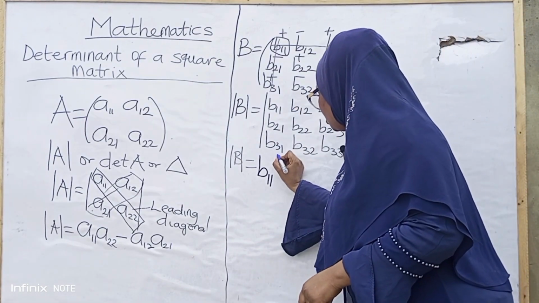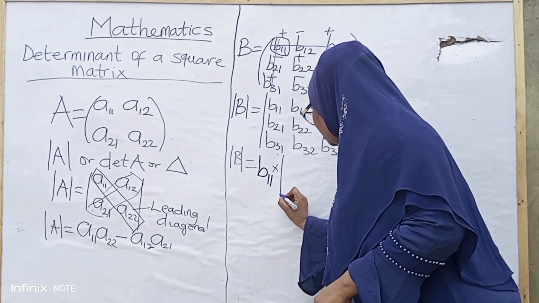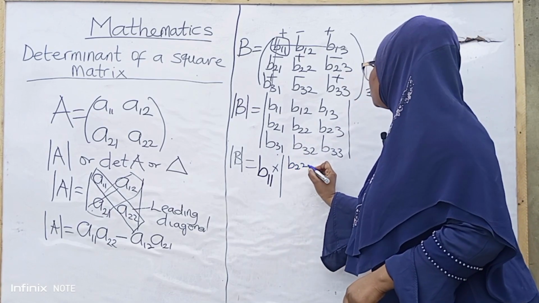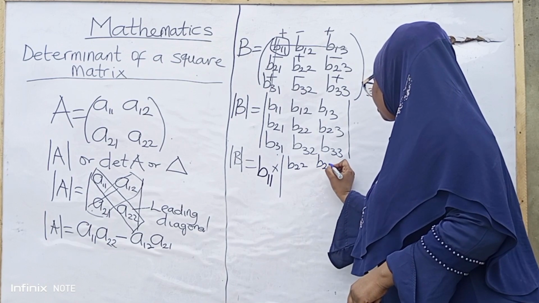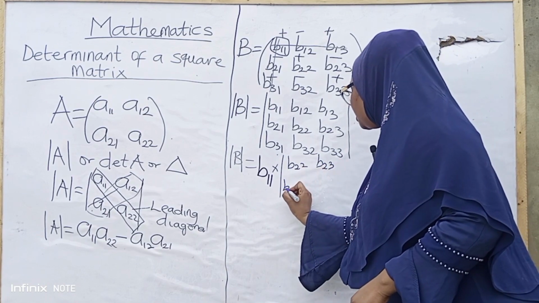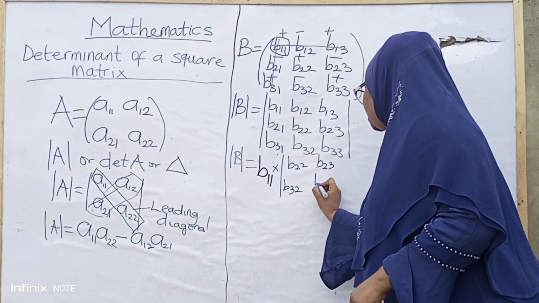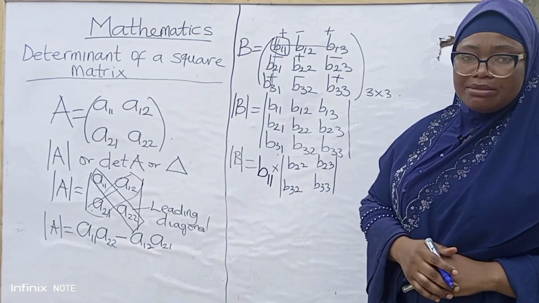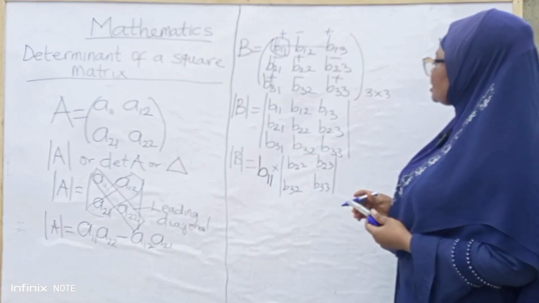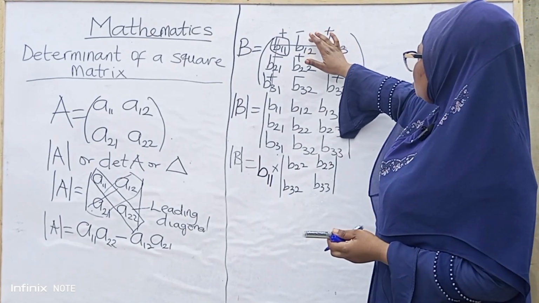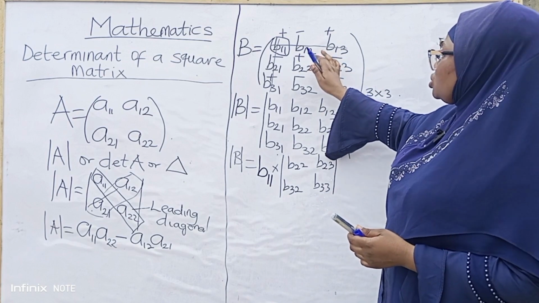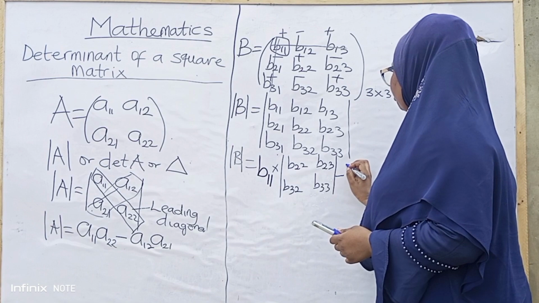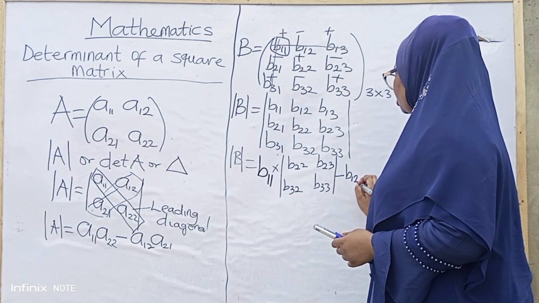That is, you multiply B11 by the absolute value of B22, B23, B32, B33, so we are finding its determinant. The next thing is B12, and remember it has a negative sign, so you write minus B12.